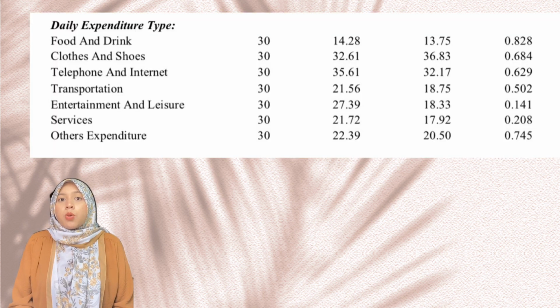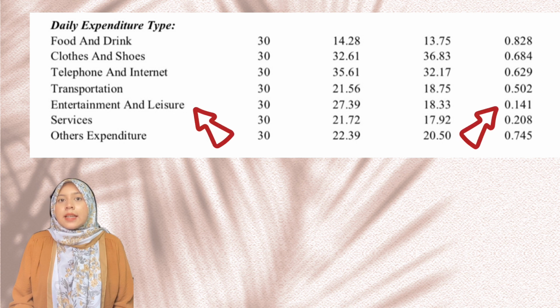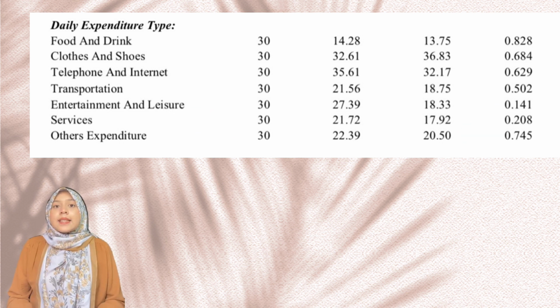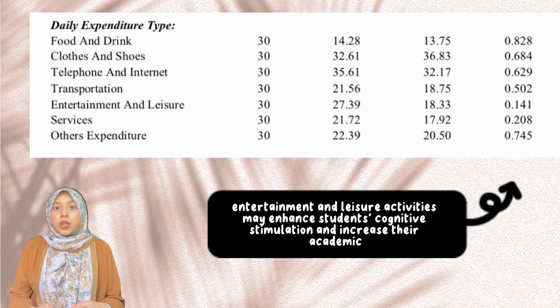The p-value column shows the entertainment and leisure category is significant. It assumes that spending on entertainment and leisure activity may enhance student cognitive stimulation and increase their academic performance.